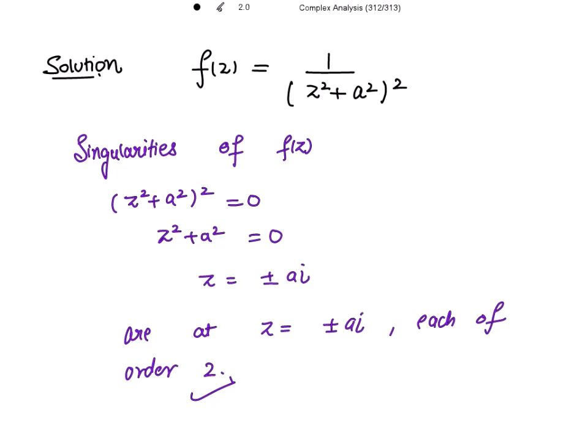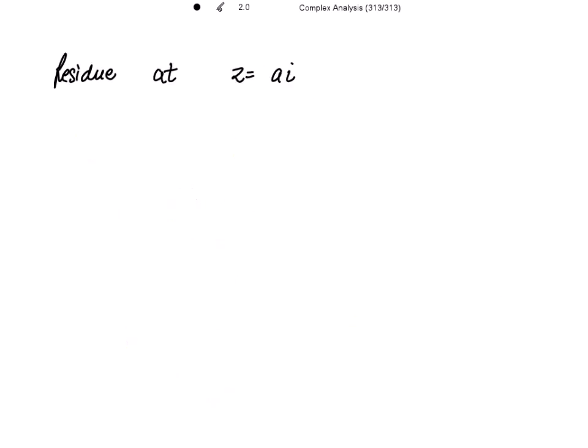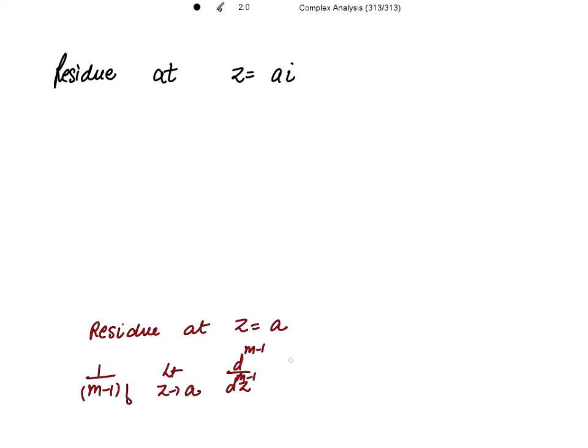So now finding the residue at z equal to a iota. And the formula to get the residue is, if I need to find the residue at z equal to a, the formula for that is 1 divided by (m minus 1) factorial, limit z tending to the point where you have to find the residue, d by dz, taking the (m minus 1)th derivative of (z minus a) the power m into f(z).